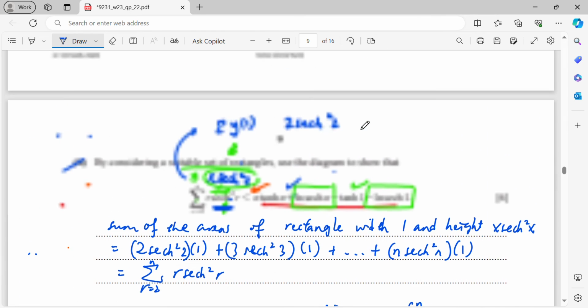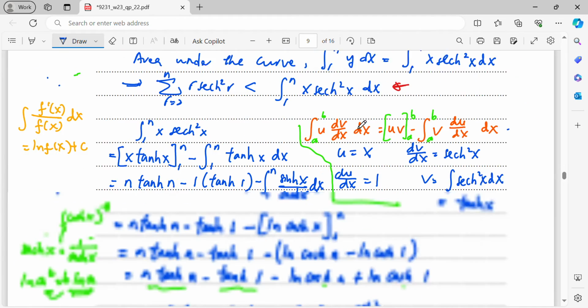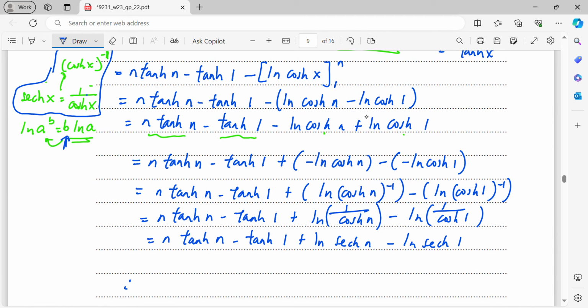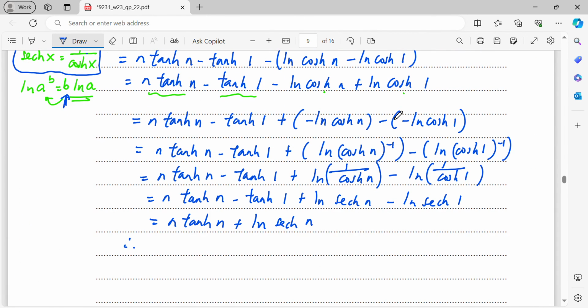So now to get that form, okay, so just rearrange, the n comes first. So I will say, right, this is basically n tangent n plus ln secant n, and then you have tangent 1 and minus ln secant 1.